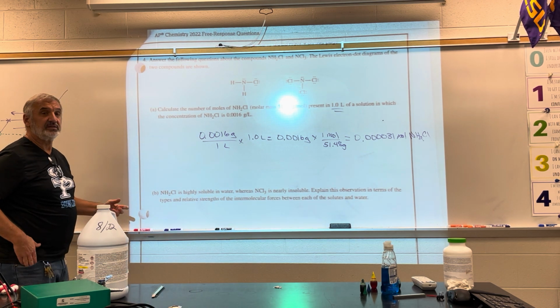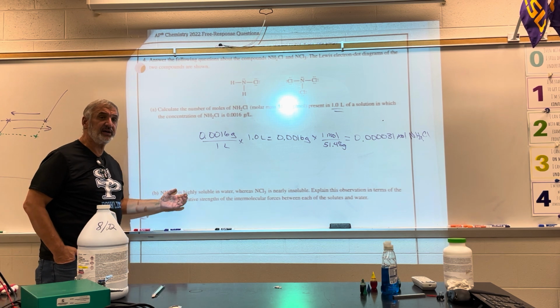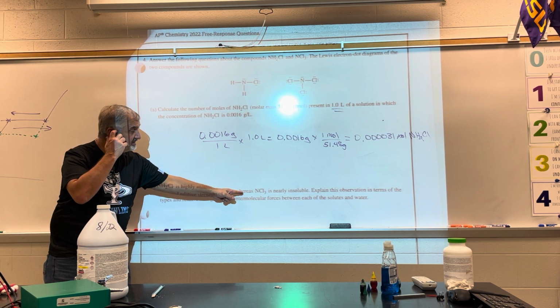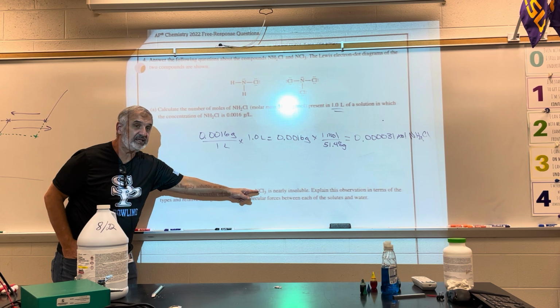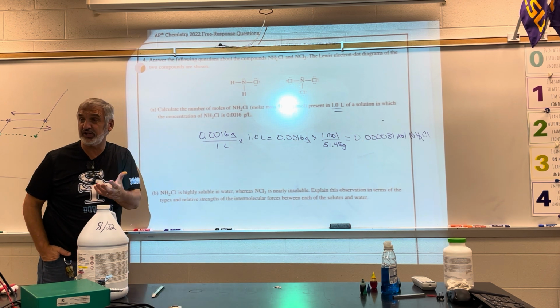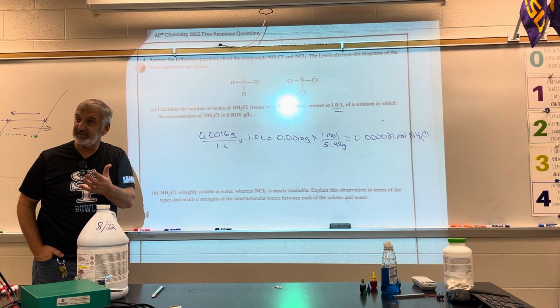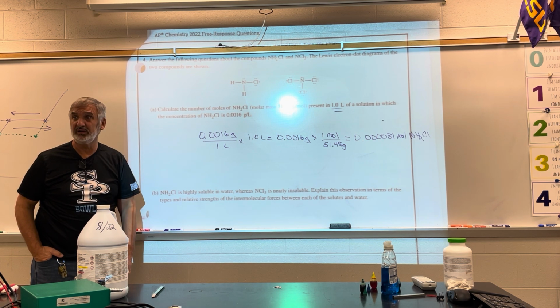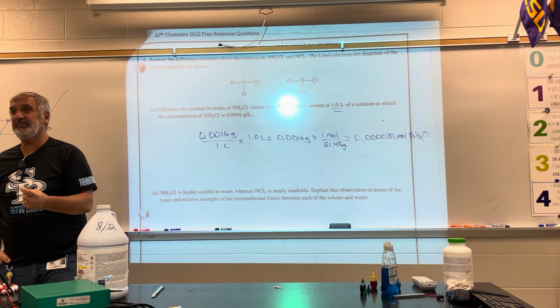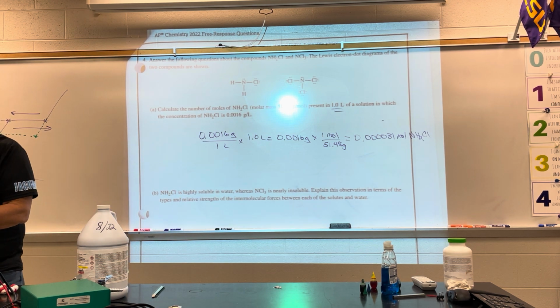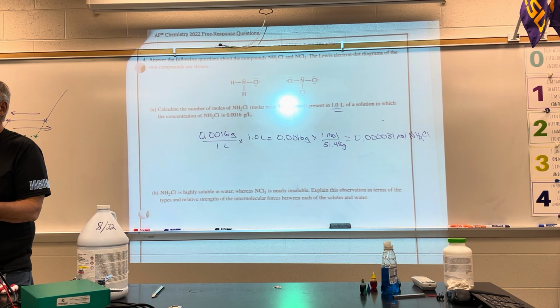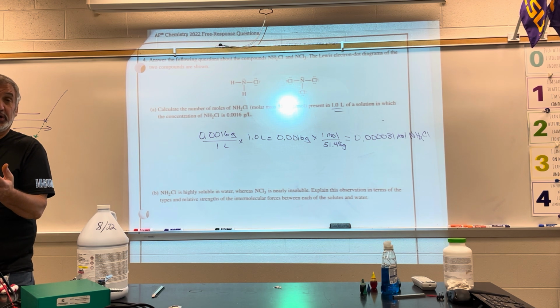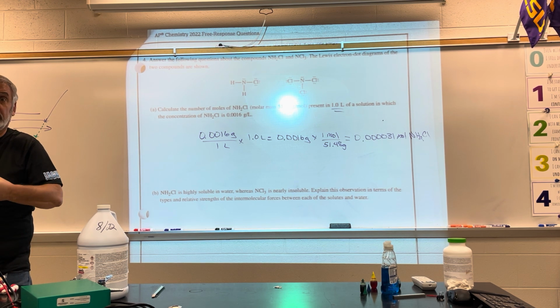Now, this one's kind of crazy, in that it says NCl3 is nearly insoluble, but it's got nitrogen and chlorine in it. But if it's insoluble, what does that probably mean about its polarity? Nonpolar. Well, why wouldn't NCl3 be nonpolar? Because they're all strong, so they're equally strong.